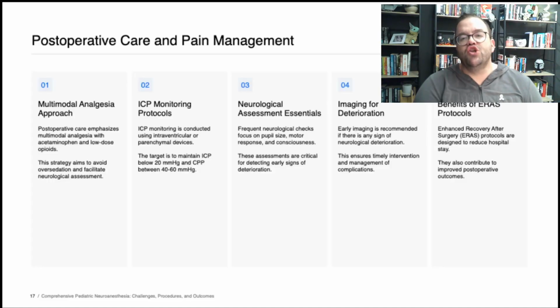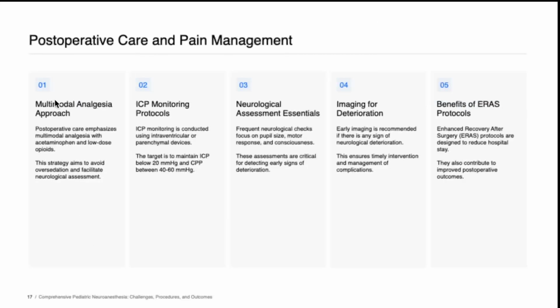In terms of monitoring the intracranial pressure, every institution has their own protocols, but the neuro-ICU should be well equipped to manage intracranial pressure monitoring devices. We need to do early and thorough neurological assessments, and we need to do them frequently, looking at things like pupil size, motor function, responsiveness.